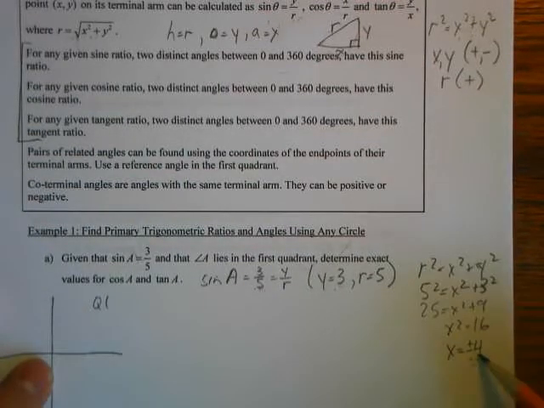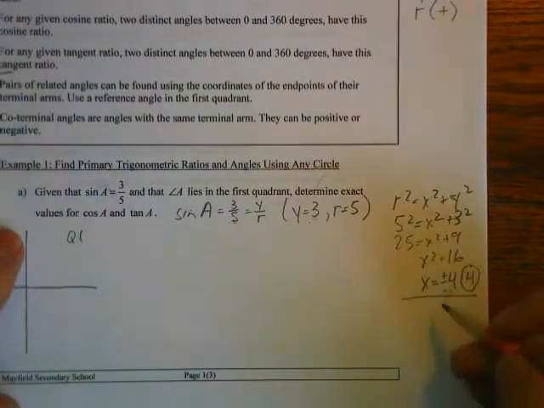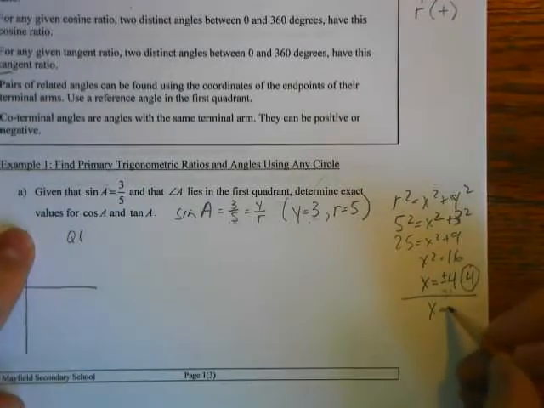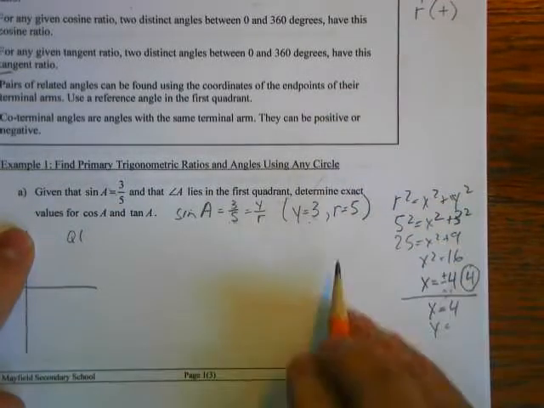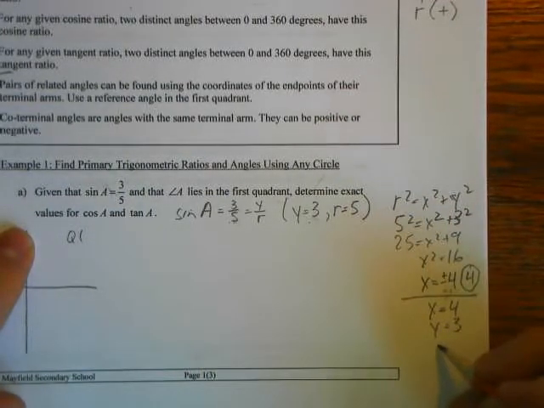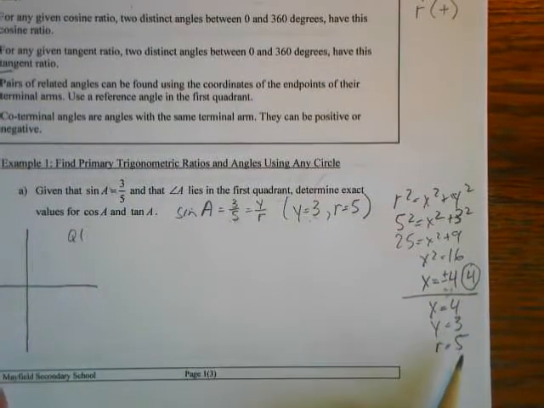That takes away the choice of negative 4. So I'm just going to write a positive 4 here, and we can now write all the values. Just to summarize, we know x is 4, we know y is 3, and we know r is 5. And there's no doubt about signs there.